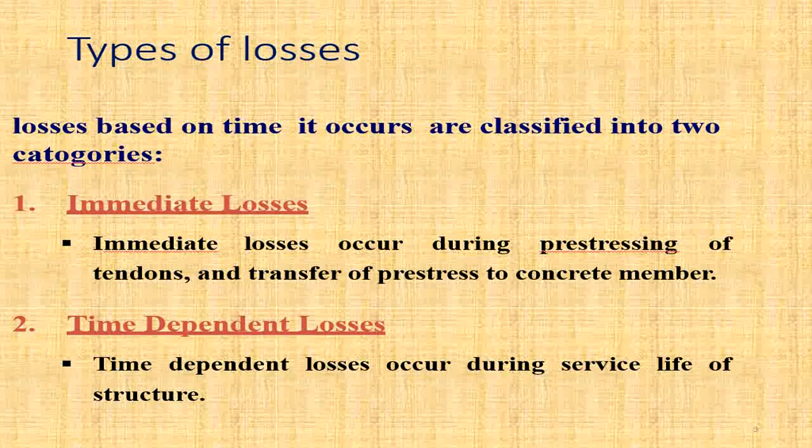So, types of losses. These losses are classified based on the time when they occur. One is immediate losses and another is time dependent losses. Immediate losses occur during pre-stressing of tendons and transfer of pre-stress to the concrete member, means immediately after transferring the pre-stress.